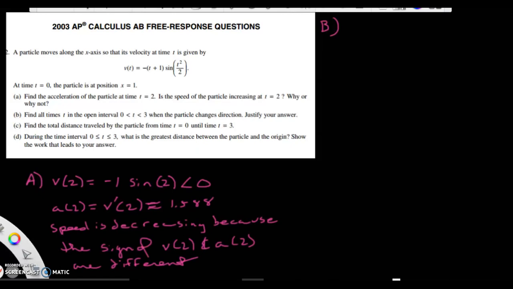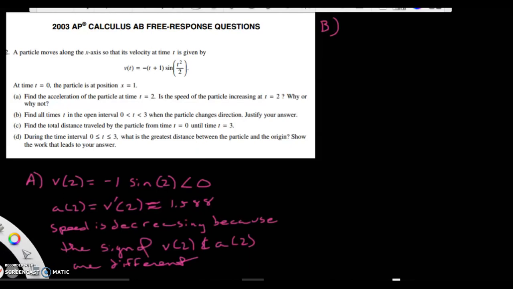So graphing it, it looks like there's only one spot where it changes direction. And it looks like it's a min. It definitely is a min. So it changes direction at about 2.5.